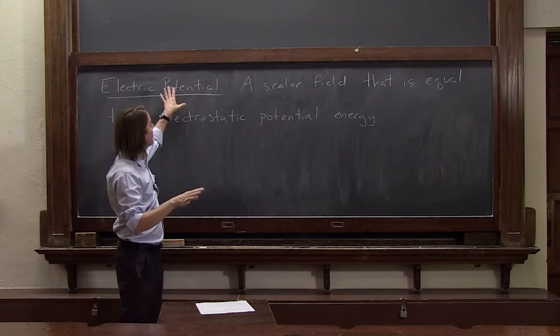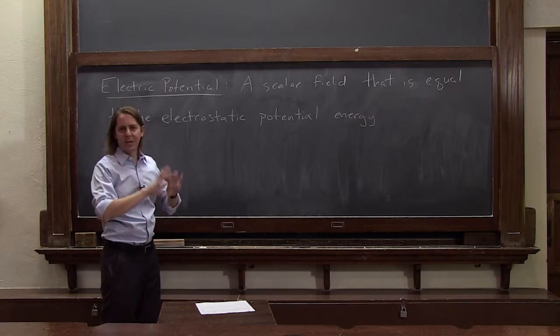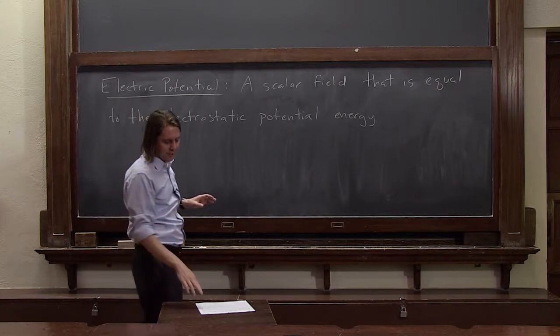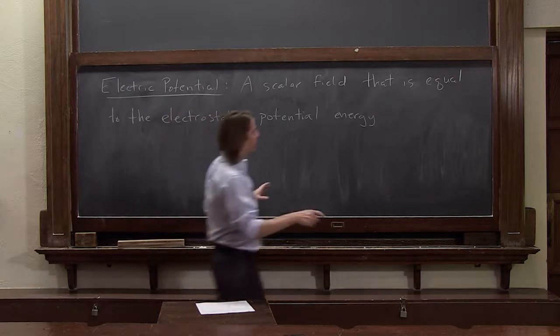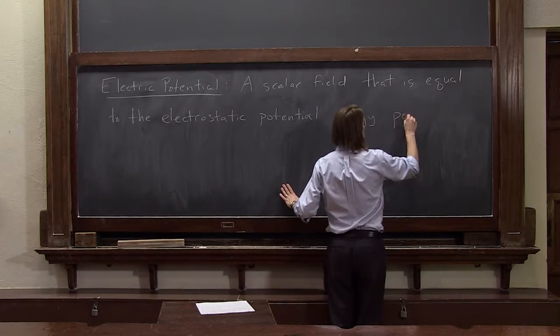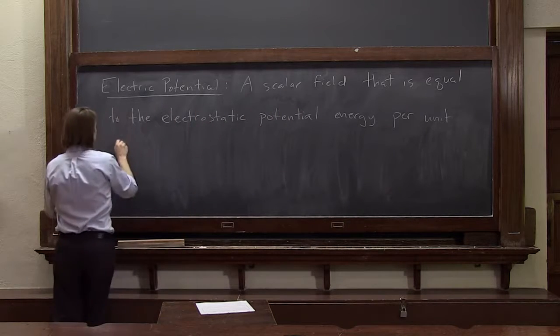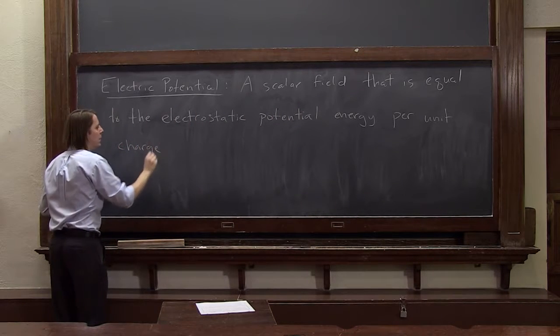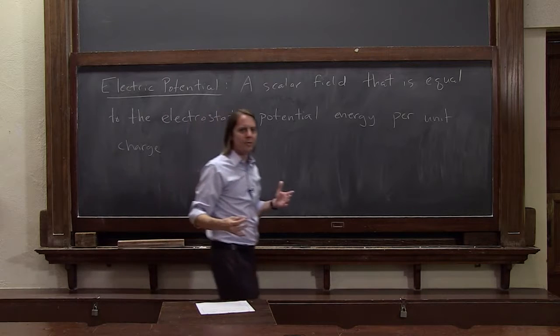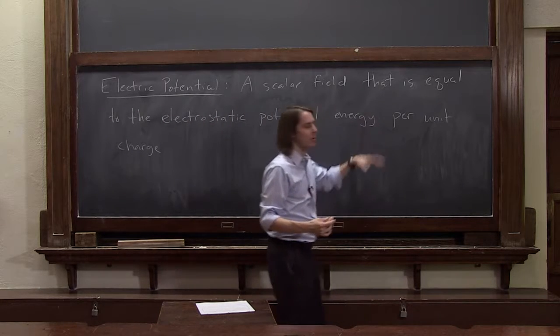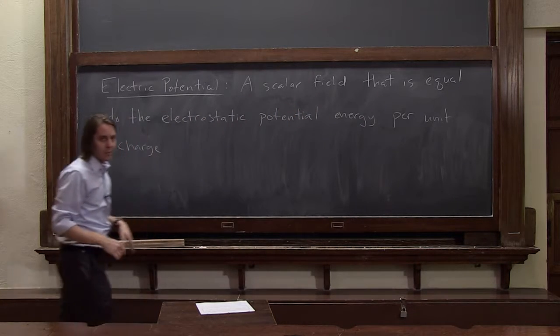It's not the same as the potential. It's the potential energy. And we'll be calculating it and talking about it in more detail. Per unit charge. This is what makes it special. Per unit charge. This is how it's analogous to the electric field. The electric field is the force per unit charge. This is the energy per unit charge.